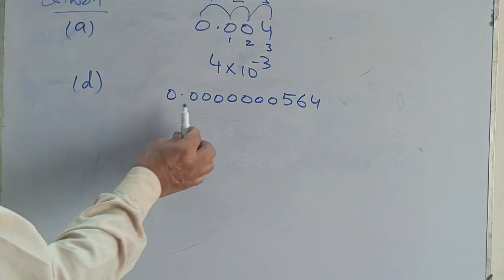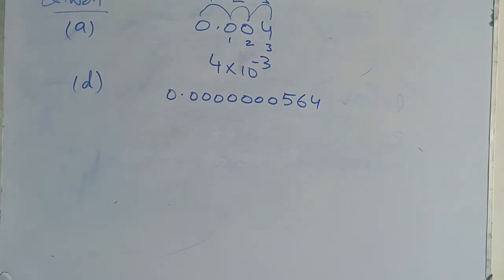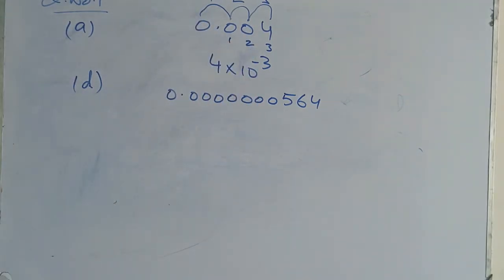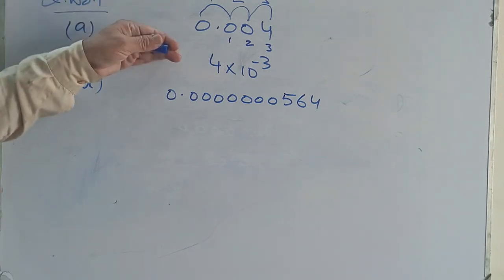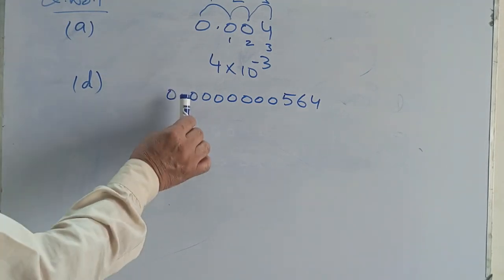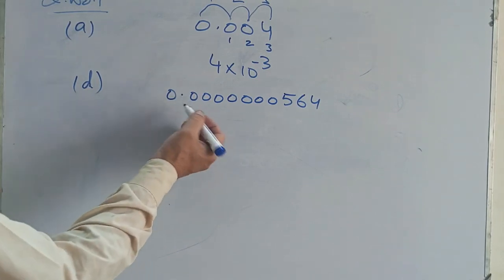You see what we will do. We can write it like this, if I apply this rule, a straight rule. Now you see that there are 7 zeros. These are the 7 zeros.